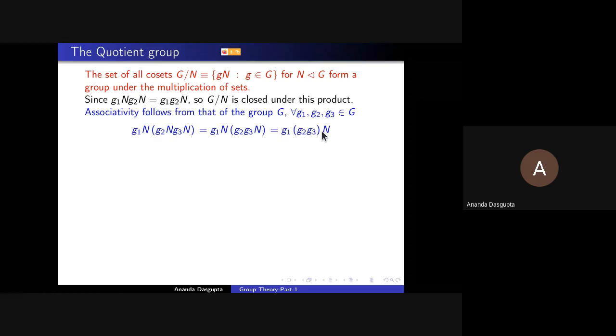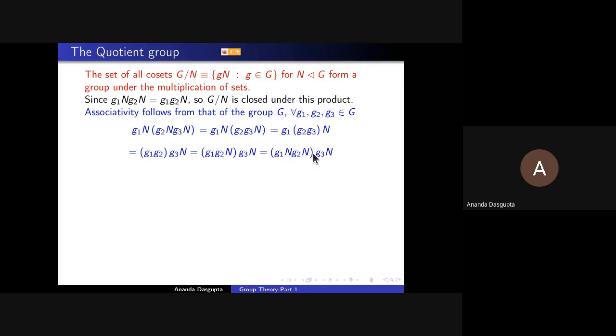It's G1, G2, G3N. But now this product is the product of the original group. This is associative. So this can be written as G1, G2, G3N. And that's the same as G1, G2N times G3N. So I'm now using the product rule in reverse. And G1N, G2N, G3N. So that's the associativity done for you. You're just using the associativity of the original group to prove that this is also associative.